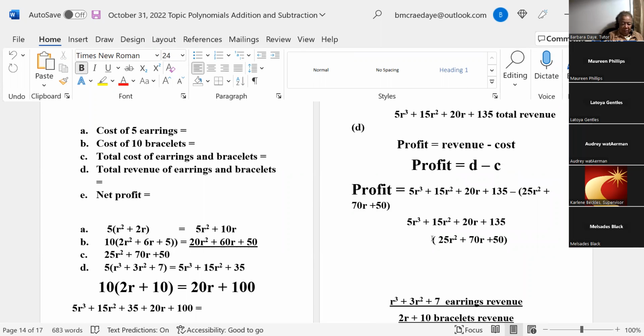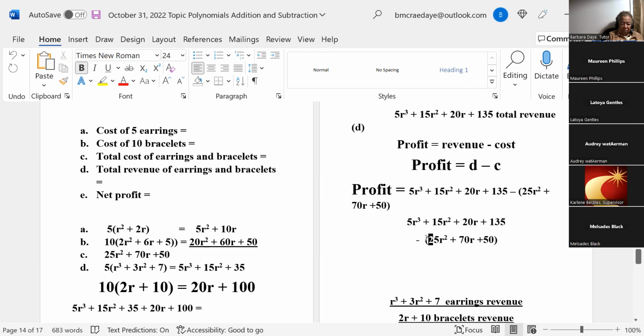Okay, now this is subtracting, so I'm putting a minus sign. That means you've got to change those signs, right? Plus 50. Okay. Bring that over so they'll line up. So you got 25R. Need a space there.